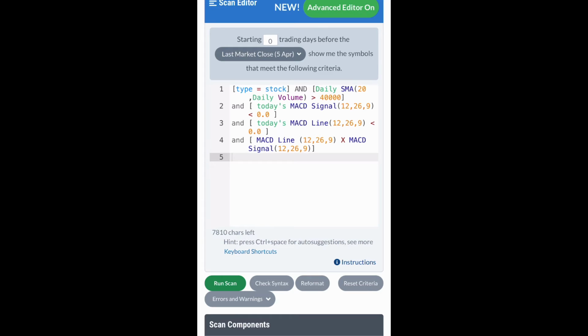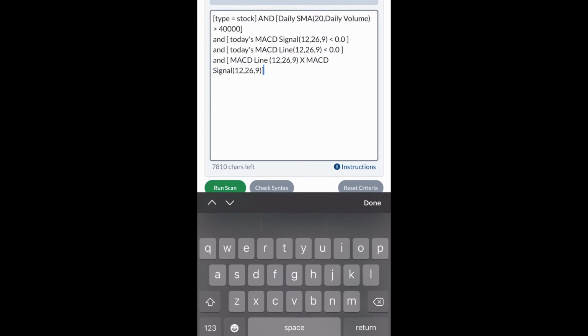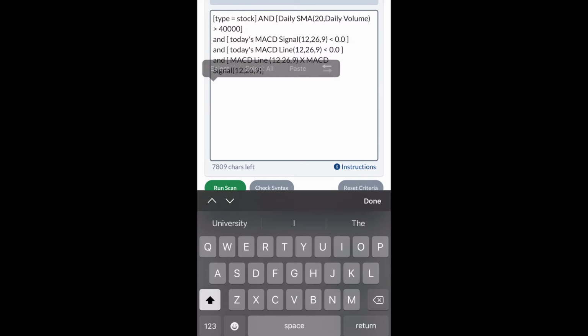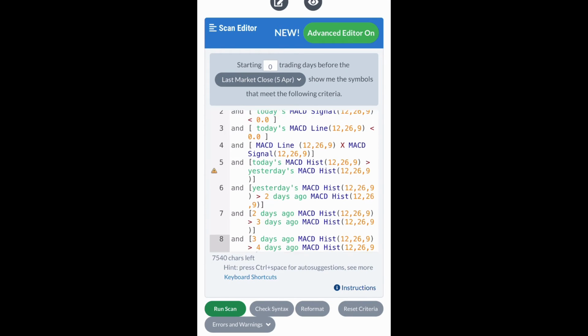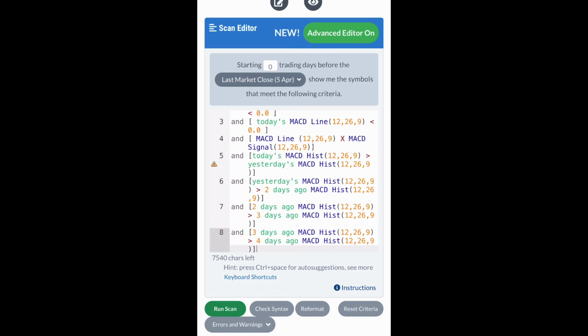This is going to take a really long time if I were to sit down and write it all, so I'm just going to copy and paste it, and then I'll explain it. So let me just go ahead, and you'll see why I'm copying and pasting it. All right, so here you can see that you're going to compare today's MACD histogram to the previous day, and you're going to compare the previous day's MACD histogram to the day before that.